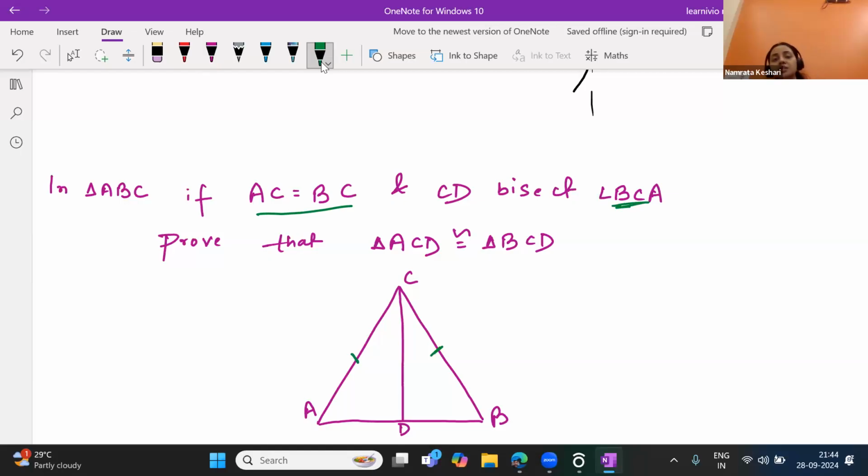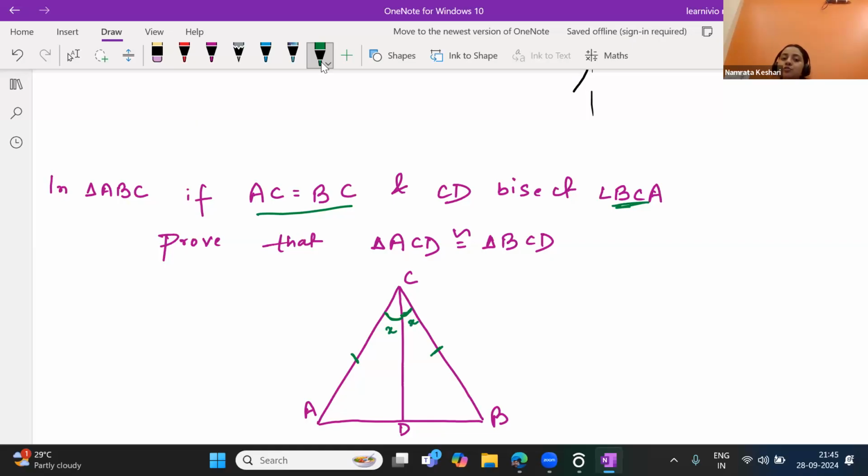See, bisecting means, always be careful whenever this type of statement is given, whether it is bisecting any angle or any side. CD is bisecting angle C, clearly written over here. Angle BCA means angle C. That means this angle and this angle must be the same. That's the meaning of bisecting.